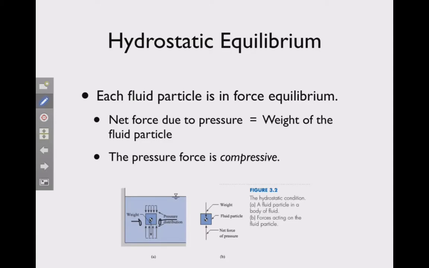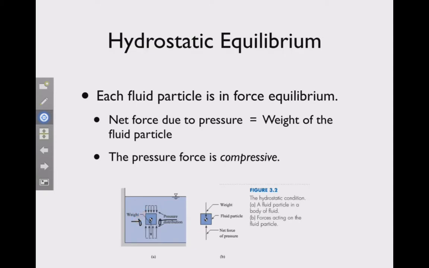Turns out that they're balanced, and so there's no net force. The compressive force from the left and the right are balanced, and so there's no net force in either direction, so the fluid particle isn't moving. But the pressure, the compressive pressure coming from both sides, is balanced on this particle, and so it's not moving. Now the thing to note here is that the arrows on the bottom are larger than the arrows on the top of the fluid parcel.